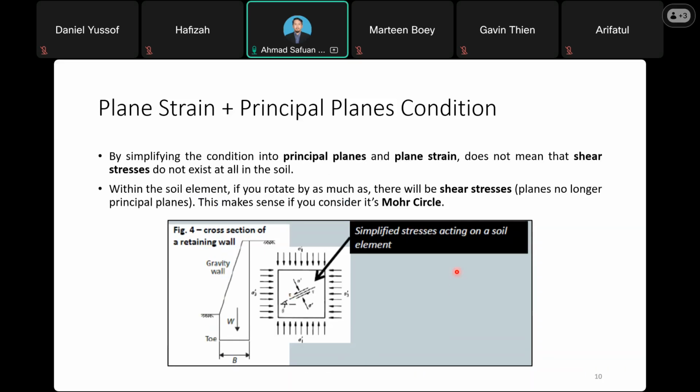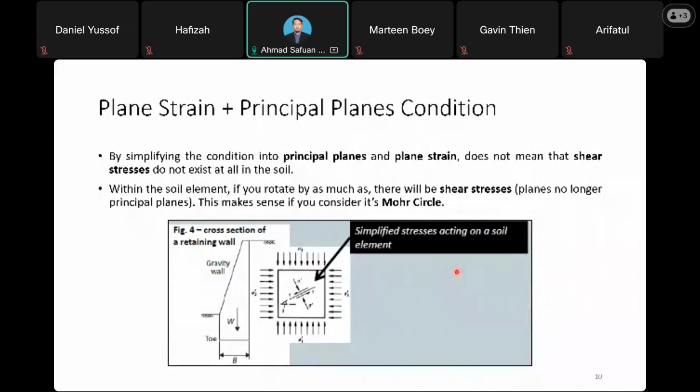By simplifying the condition into principal planes and plane strain does not mean the shear stress does not exist at all in the soil. Within the soil element, if you rotate by an angle theta, there will be shear stresses.